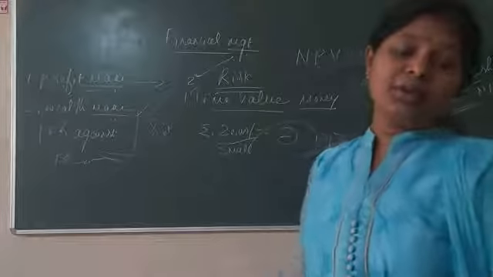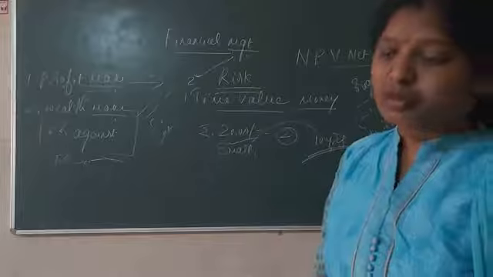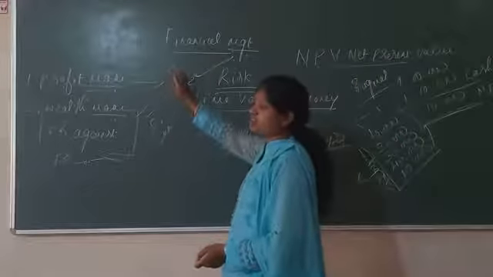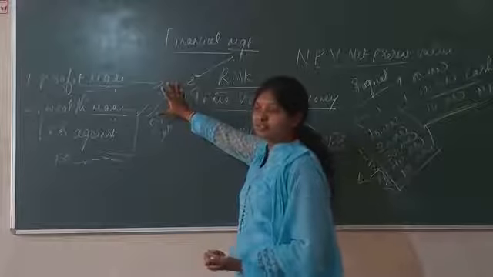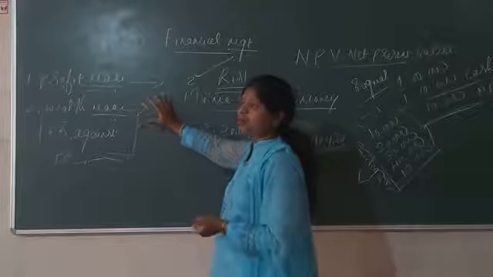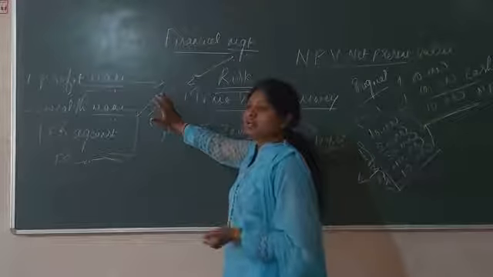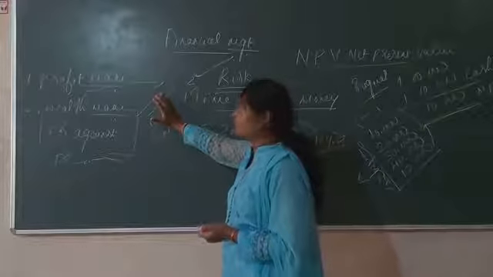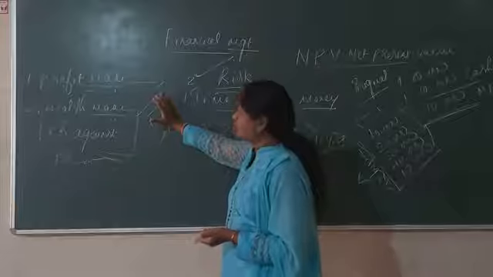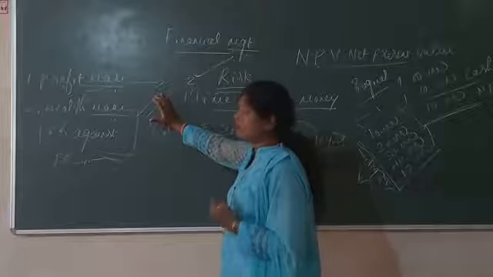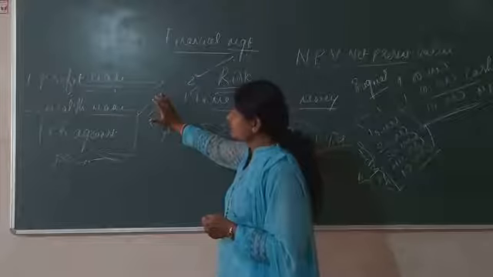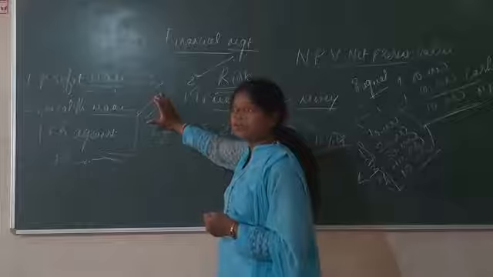That's why we call this wealth maximization: it gives concentration to the company's time, risk, market share, present as well as future benefits, dividend policies, retained earnings, and the company's expansion and diversification. Likewise, indirectly we get wealth maximization, which is profit maximization indirectly. Okay, this is about wealth maximization.